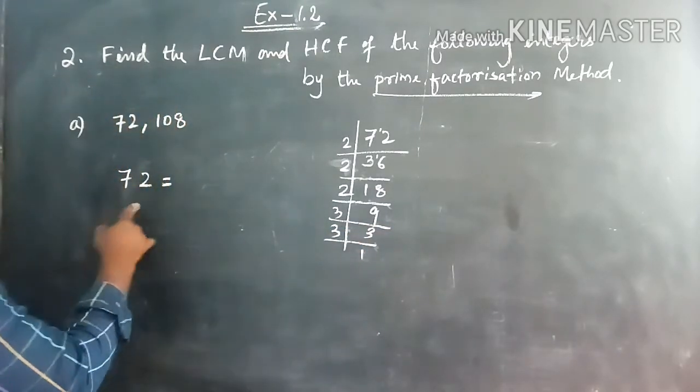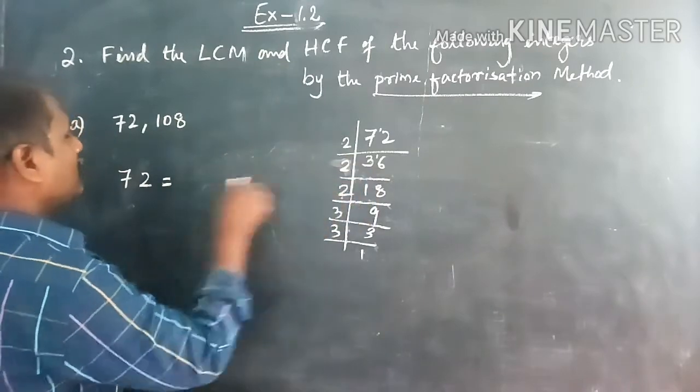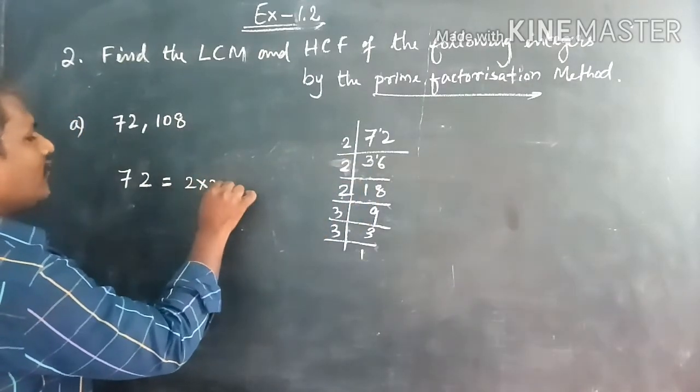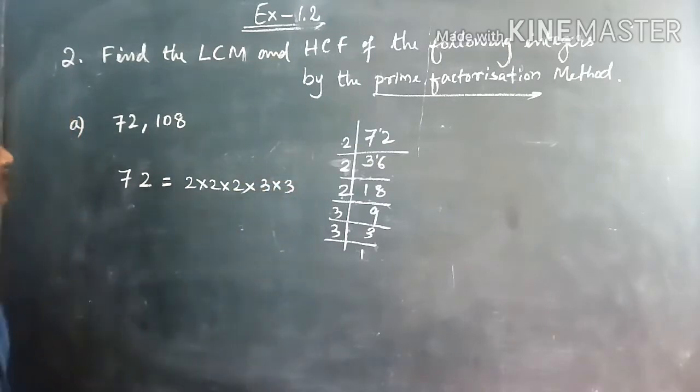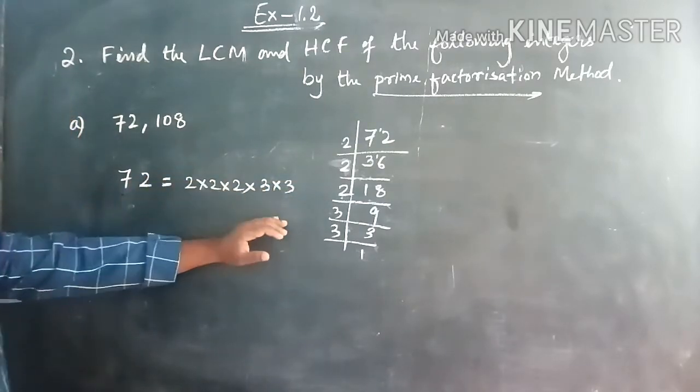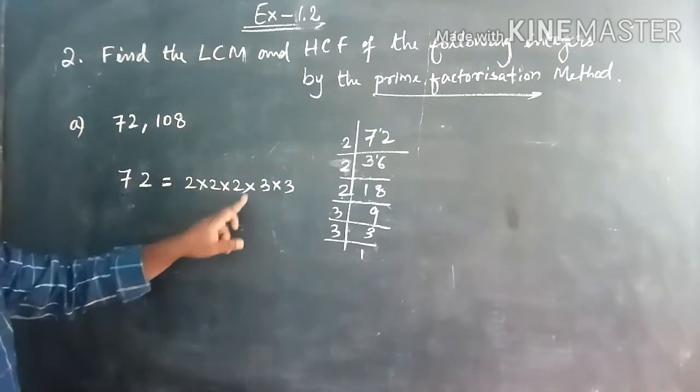So 72 can be written in the form of three 2s, 2 into 2 into 2, and two 3s, 3 into 3. So 72 is the product 2 into 2 into 2 into 3 into 3.